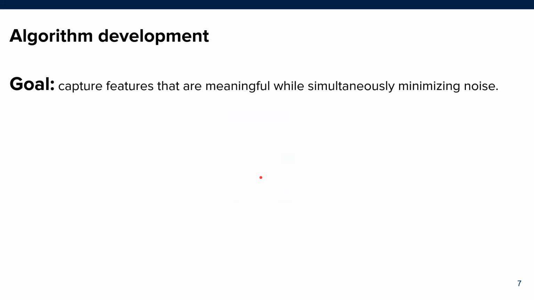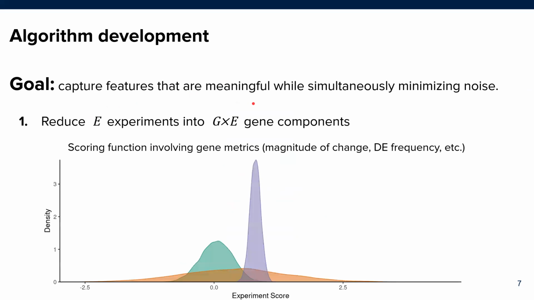The algorithm has gone through a few iterations of development, but the overall bottom line is as follows: we want to capture meaningful features in the expression data while simultaneously minimizing the noise that's inherent in this kind of corpus. The process, generalized, is roughly three steps.